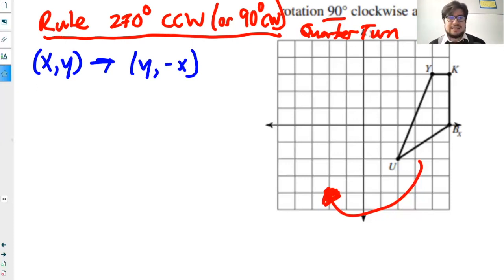All we have to do is find out what the values are. What we're saying there is we flip those numbers, so x becomes y and y becomes x, and we change the sign of our new y value.